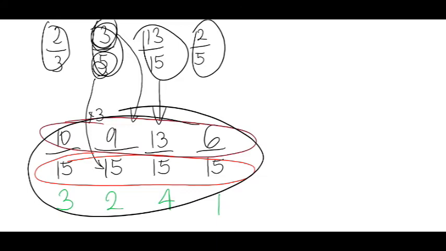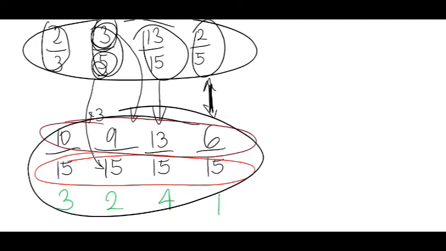You need to put the original numbers in order. So we can see that this one we said was the smallest, so we would write in 2/5 first.